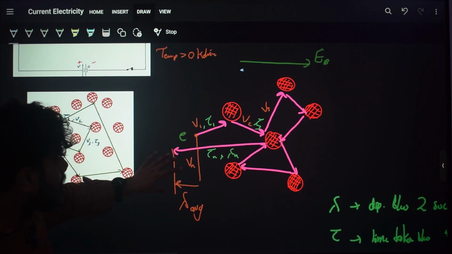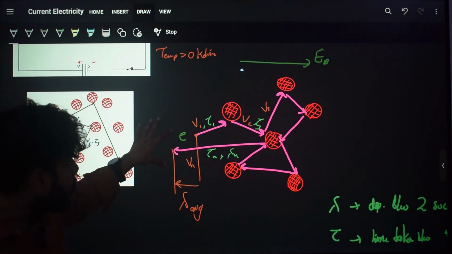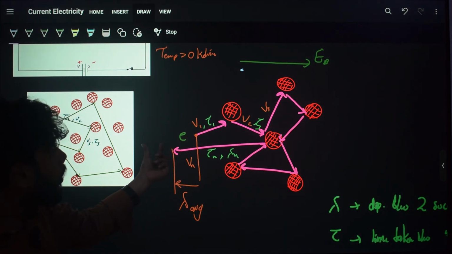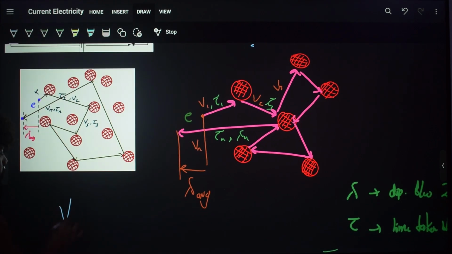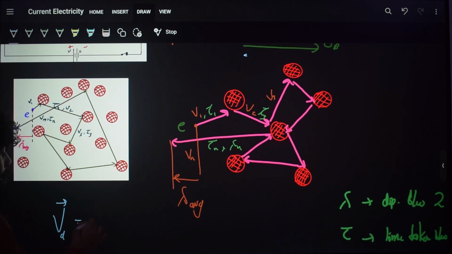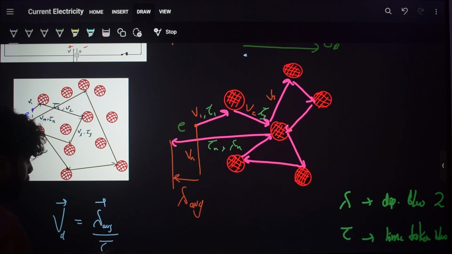The time taken to do all this motion and move a little in the opposite direction of the electric field is your average relaxation time. And the speed at which it moves in the opposite direction of the electric field due to the battery is known as your drift velocity. And you can see the formula will be like this.